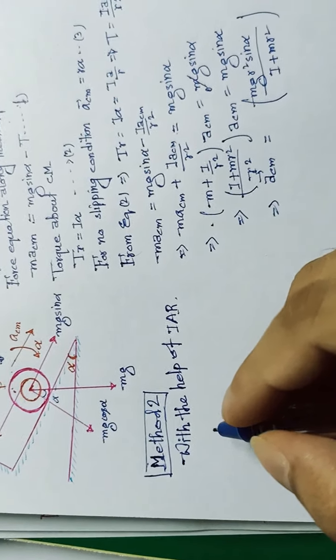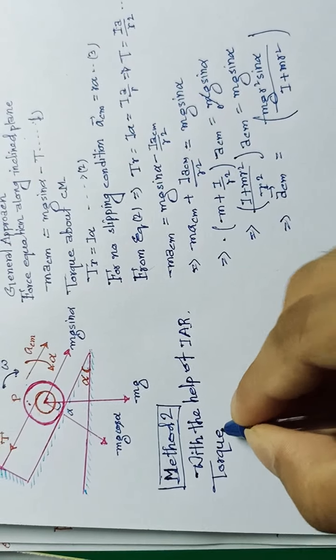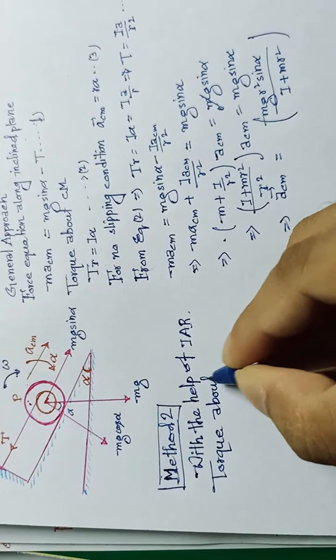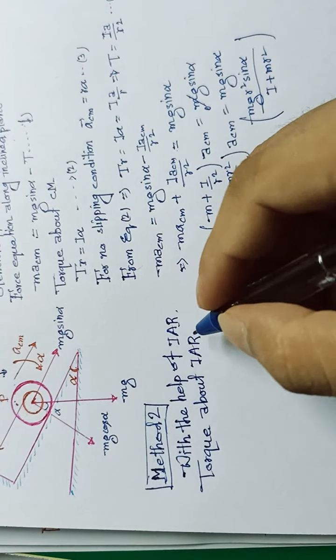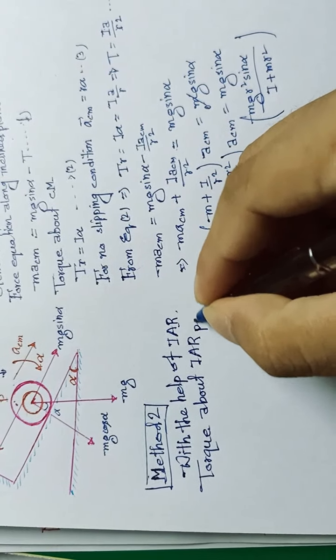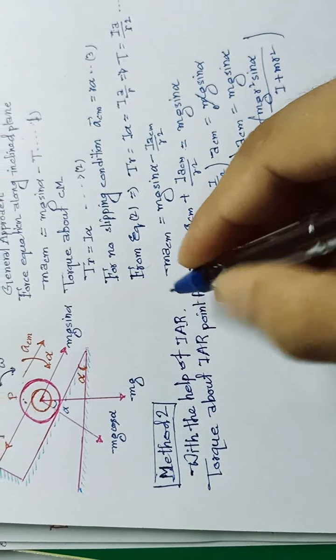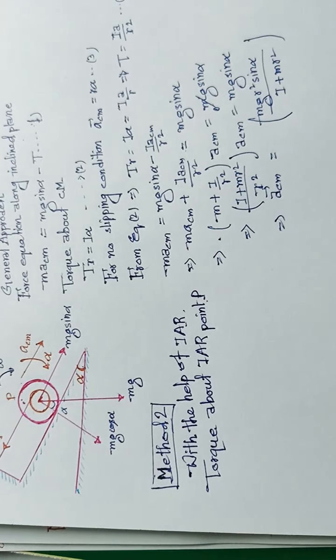Torque about the instantaneous axis of rotation, IAR, point P, because P here represents the point of instantaneous axis of rotation.